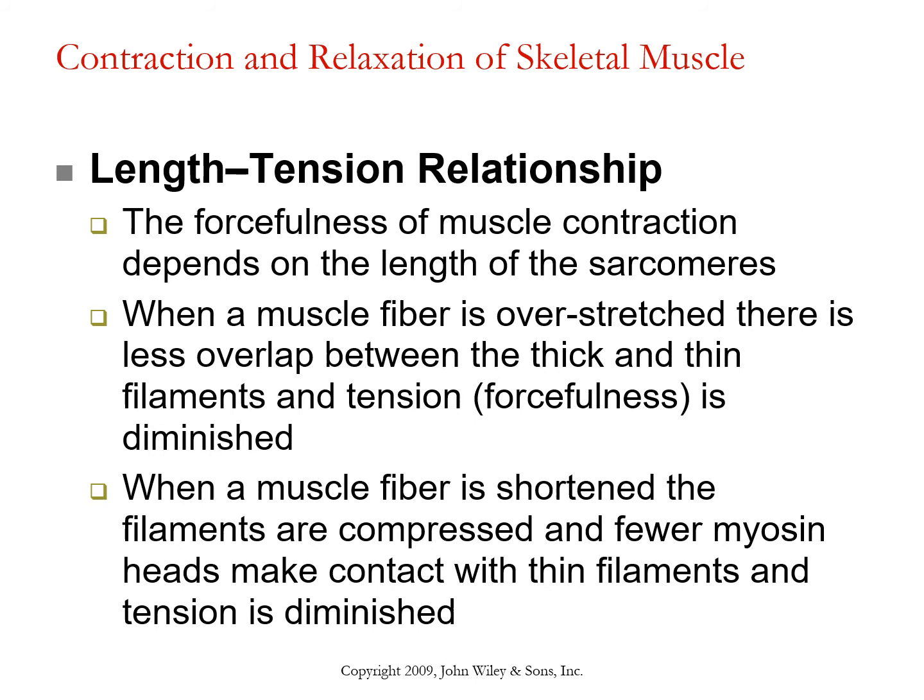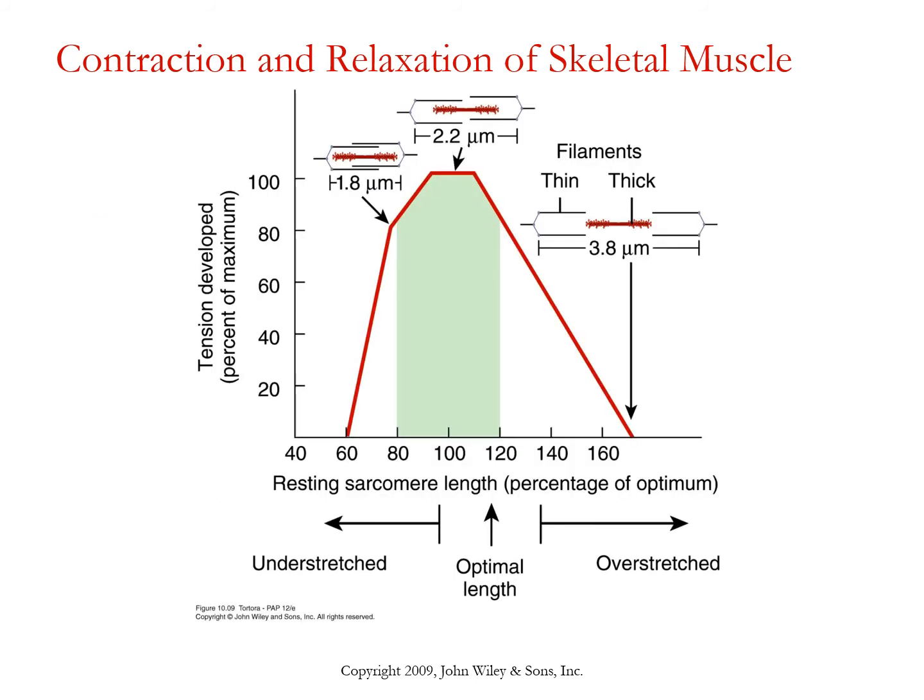It should be clearer. All right, so here we have varying degrees of resting sarcomere length. The tension is optimal when there is slight overlap between the thin and thick filaments. That's in the middle of the graph.